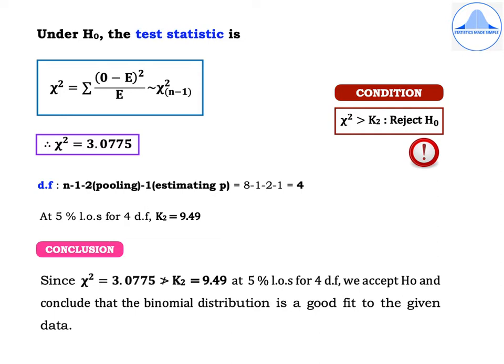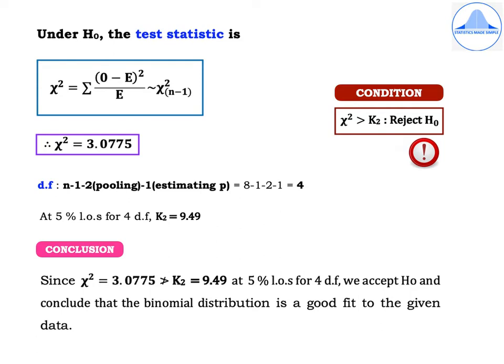Now the condition which is used to reject H naught is you have to compare the chi-square value with K2 value, that is the value from the statistical table. So if chi-square is greater than K2, then you reject H naught, otherwise you will accept H naught at alpha level of significance.